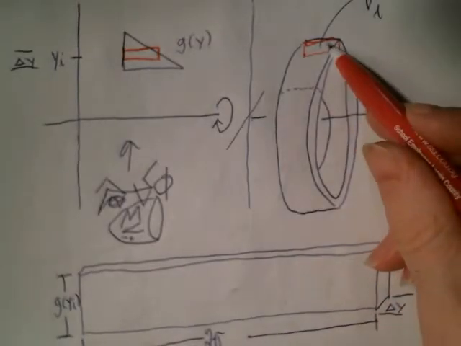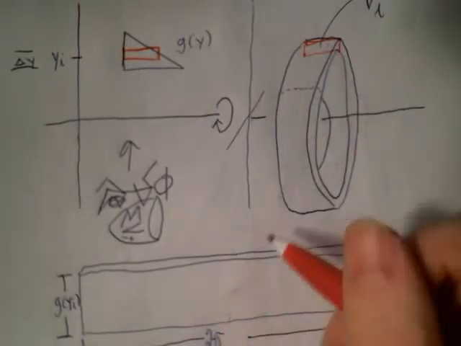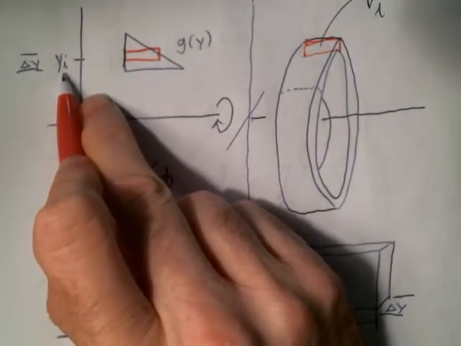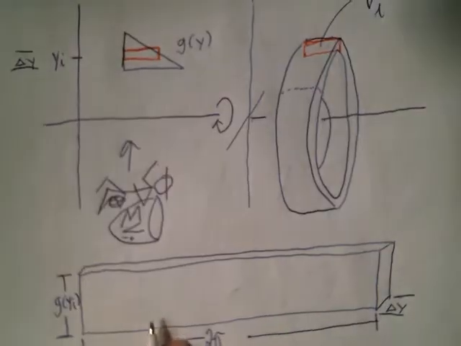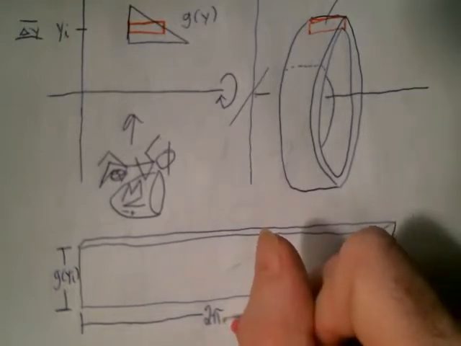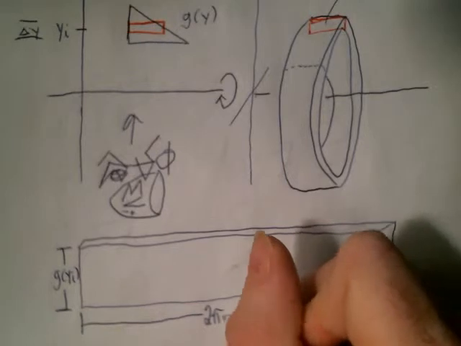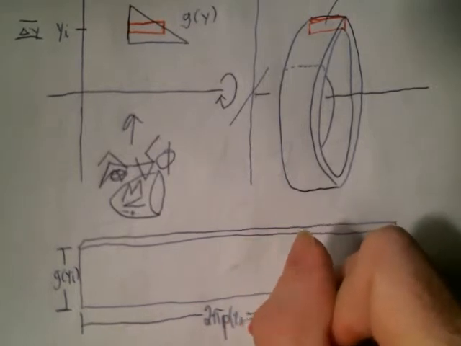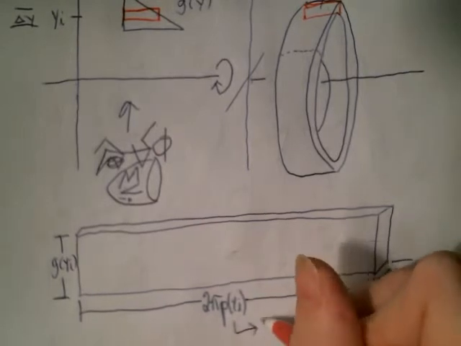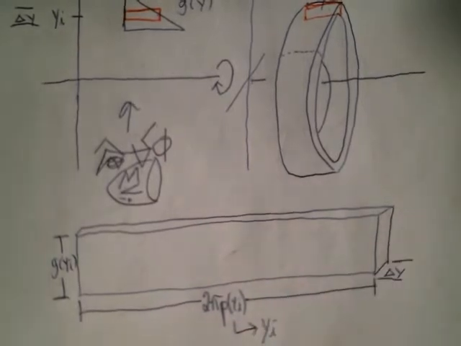So the length from there to there, in this case, is this y sub i thing. In general, though, it could be different if you're oriented in weird ways. So instead of writing y sub i, we'll write some function of y, p of y sub i. But in this particular case, it does turn out that p of y sub i is just y sub i.